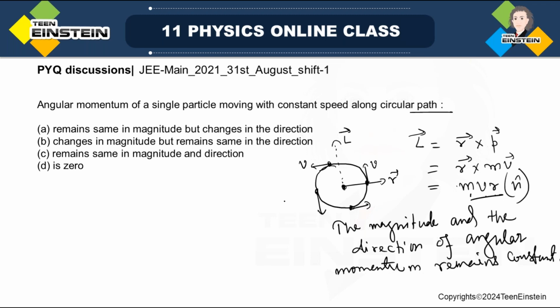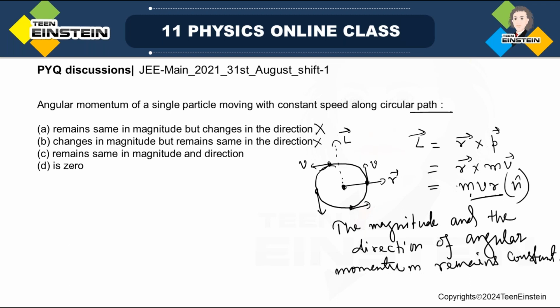Now let us read the options. Angular momentum of a single particle moving with constant speed along a circular path remains same in magnitude but changes in direction. This is not true. Direction doesn't change. Changes in magnitude but remains in the same direction.